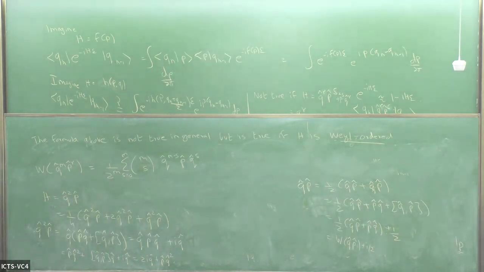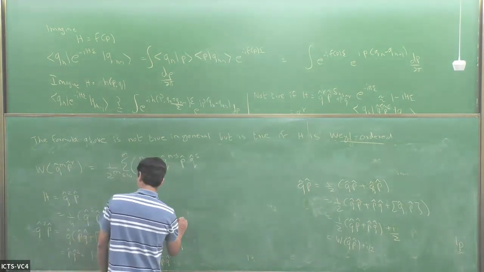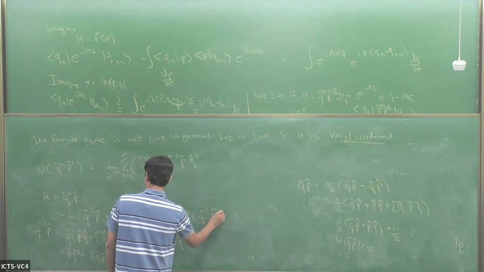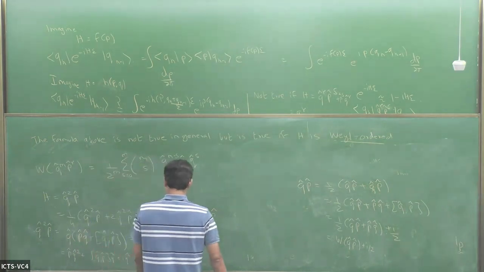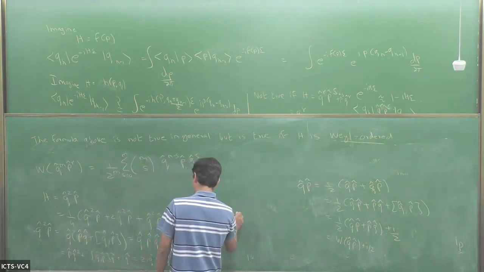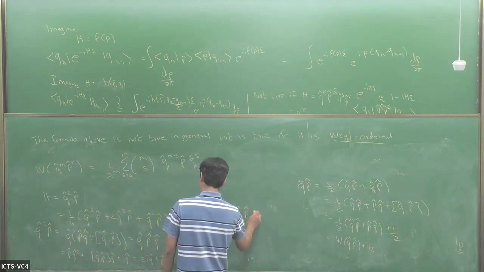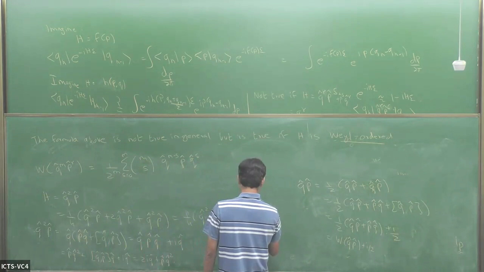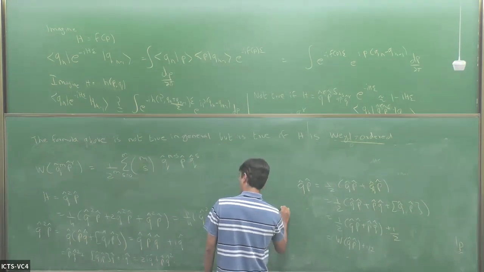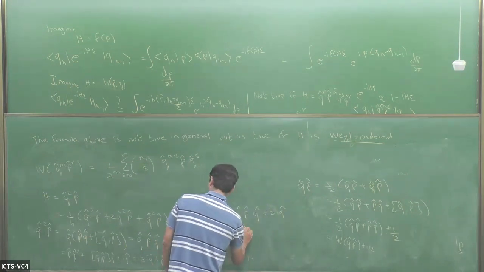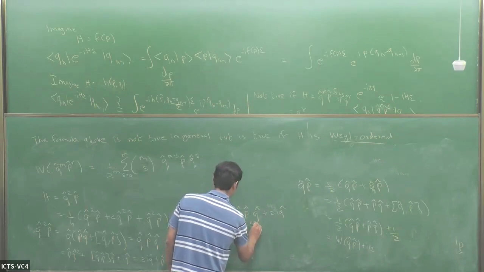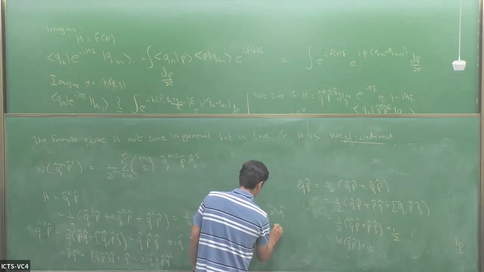So if this algebra is correct, then we can write this as 1 by 4 into q hat squared times p hat plus twice q hat p hat q hat plus twice i q hat plus p hat q hat squared plus twice i q hat.